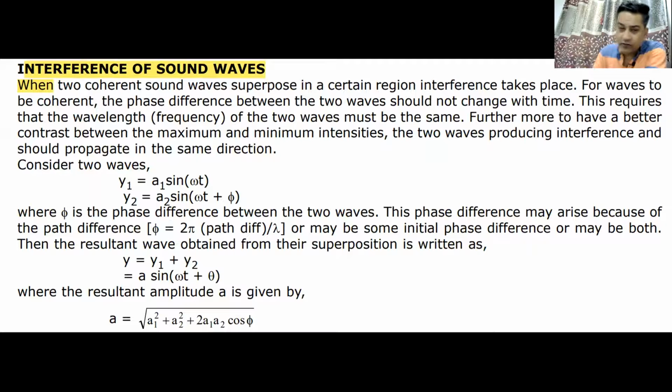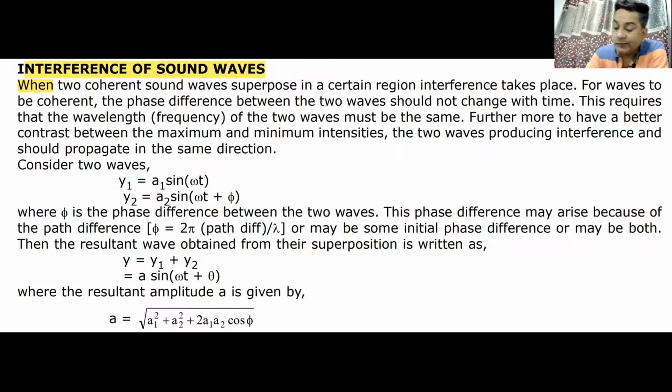When you have two sound waves traveling in the same direction, with the same frequency and nearly the same amplitude, when they superimpose, at some points we have high intensity or constructive interference, and at some places we will have low intensity or dark fringes or destructive interference. This phenomenon is interference.